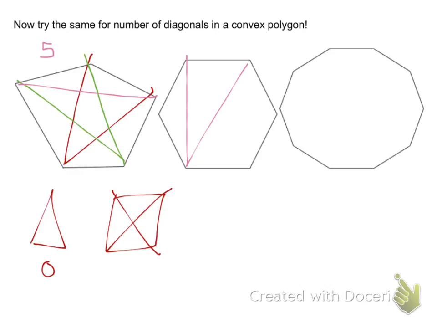1, 2, 3. Okay. 4, 5, 6. Any others? That one? So there's 6. Wait, there is another one there? Yeah.